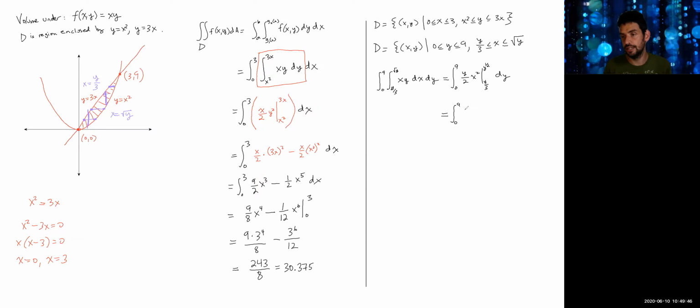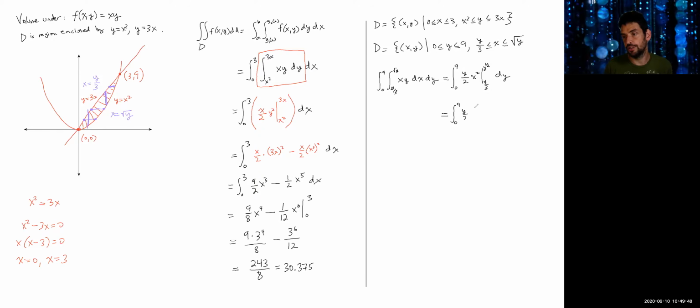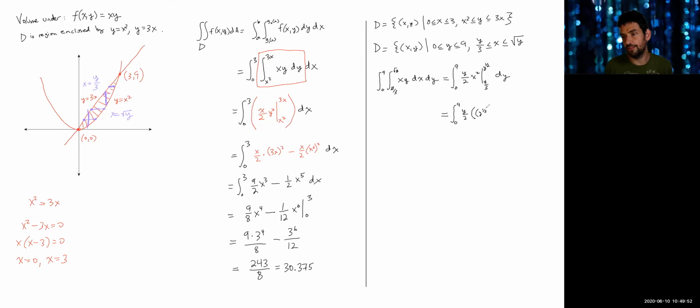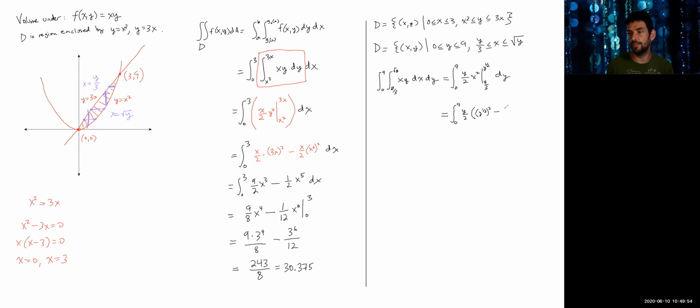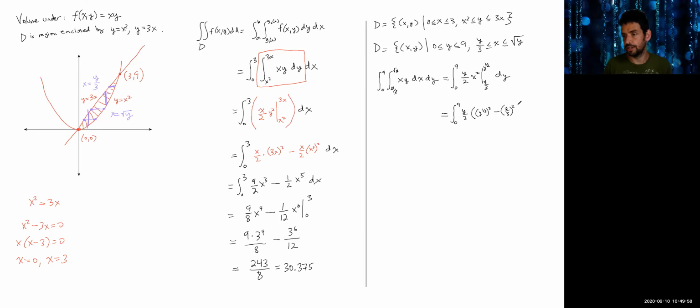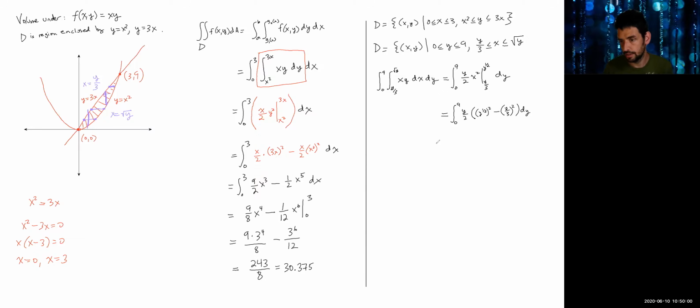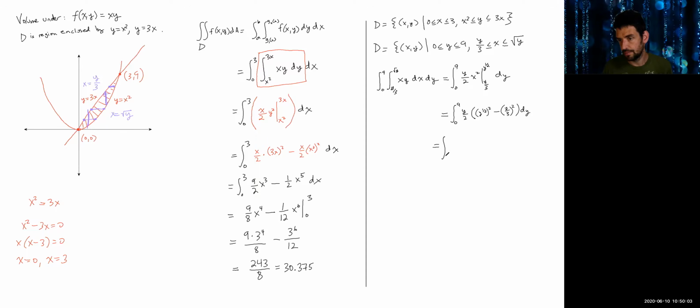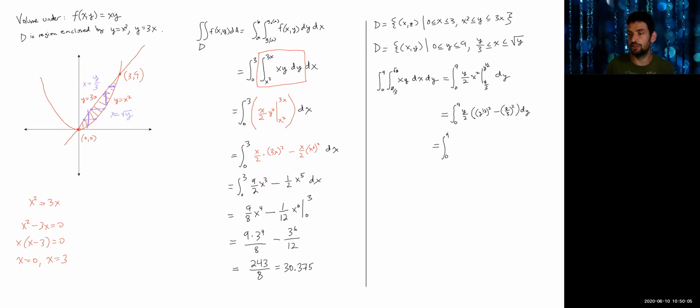From 0 to 9, I'll get y over 2 times y to the 1/2 squared minus y over 3 squared dy. Now we've got an integral just in y.